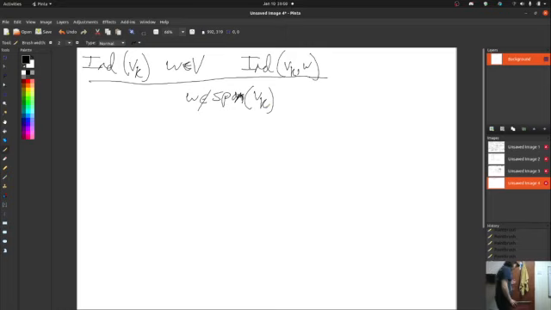Now I also have independence for this list of length n plus 1, right? Because it's lambda 1 v1 plus dot dot plus lambda n vn plus lambda n plus 1 w, for all.